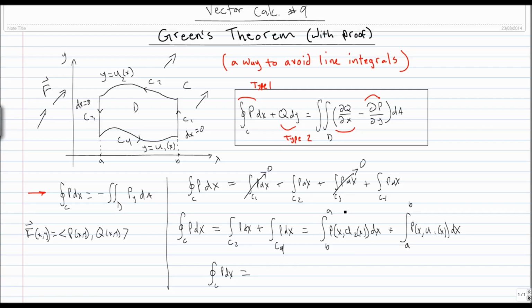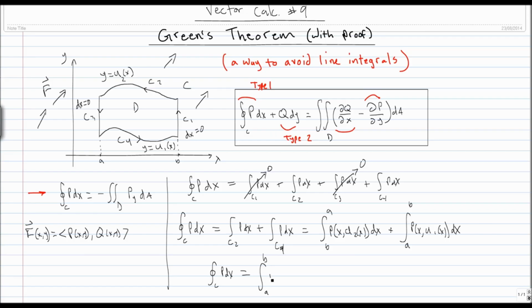You know from calculus that I can reverse the order of this integral and put a minus sign out front, and that would be the same integral. Basically, I'm just going in the opposite direction. Then both integrals would be from a to b.